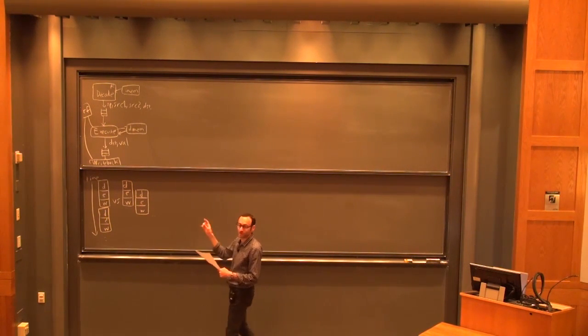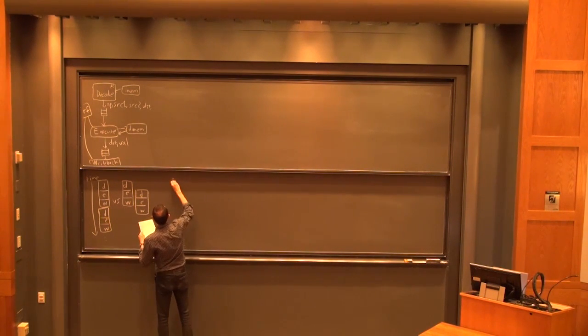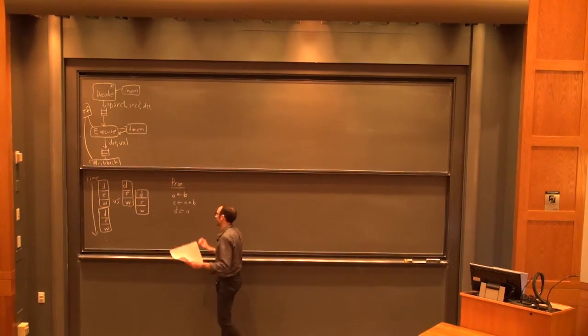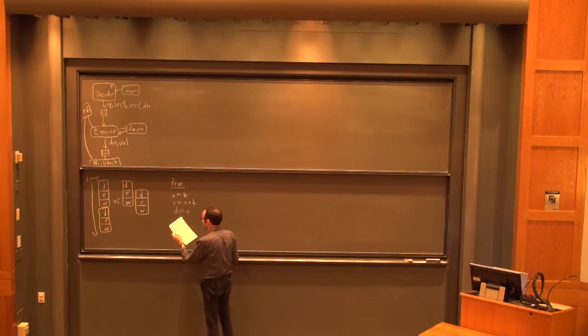Let me first just demonstrate one case with the wrong answer to make this concrete. Imagine that the program is, let's say, I'll just pretend we have registers A, B, C, and D also. The program reads B into A, then adds A and B and stores that in C, and then also copies A into D. So with this sequence of instructions, at some point, the pipeline state would be like this one.